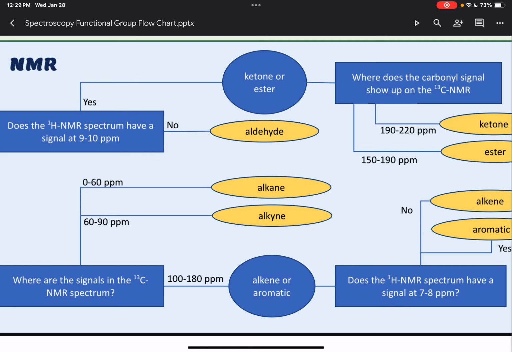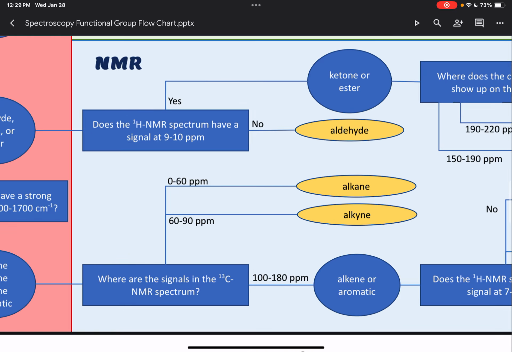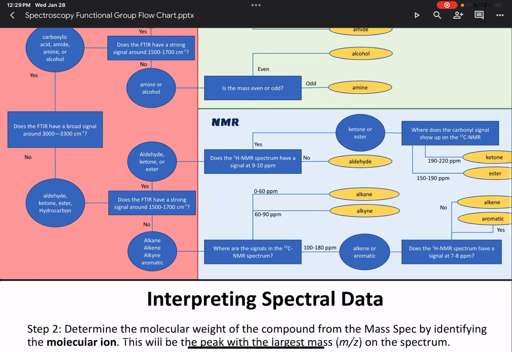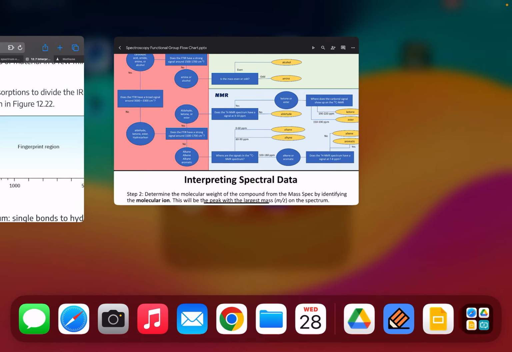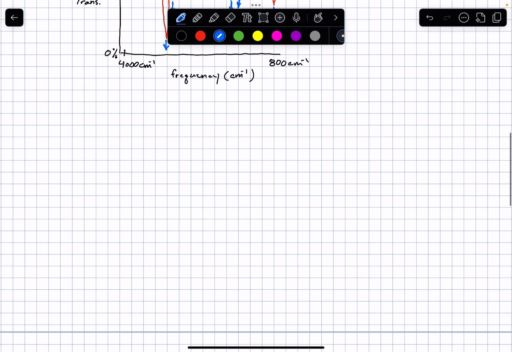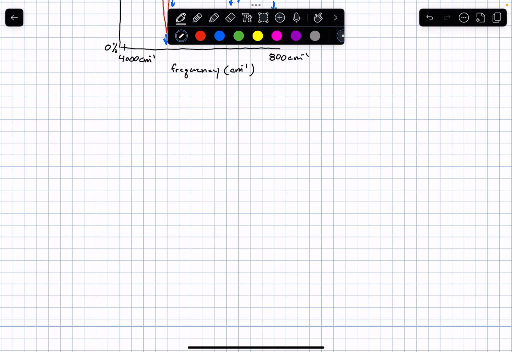So what I'm going to do is have you folks look up a couple of compounds, and I want you to identify what the peaks or the signals in those spectra are attributable to. So what I want you to do is just go to Google and do a search for SDBS.